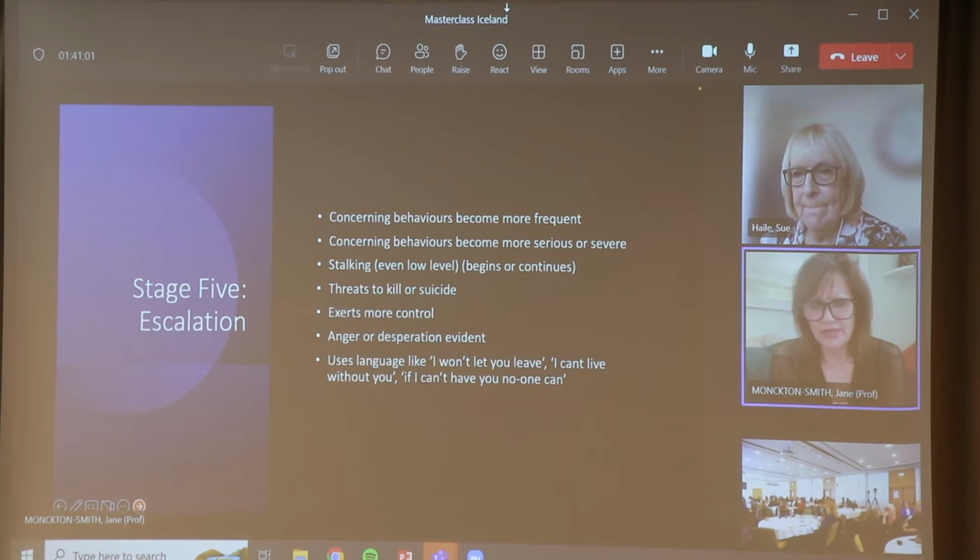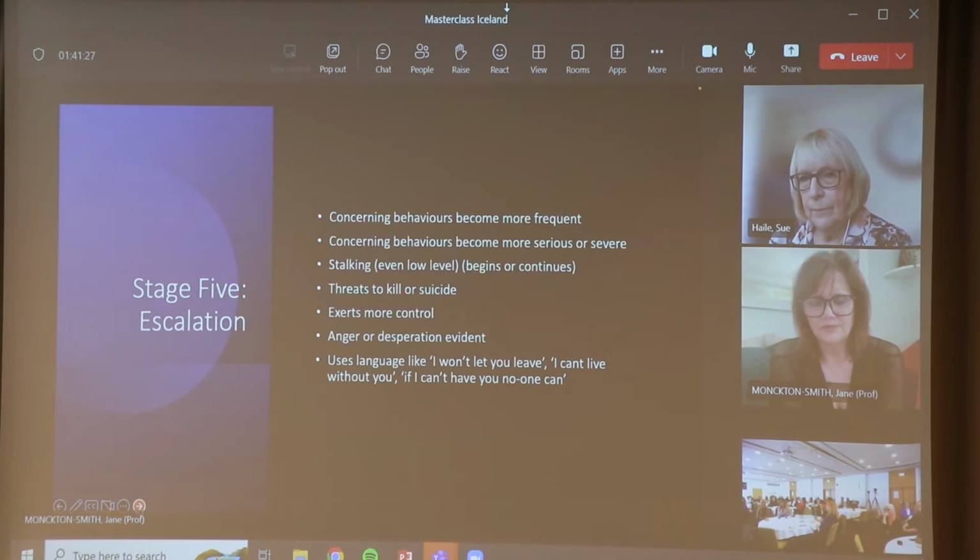They may beg, cry, promise to change. They may become violent, aggressive, harassing. They may text or message constantly, but things ratchet up. Things tend to become worse in this threat to the relationship.